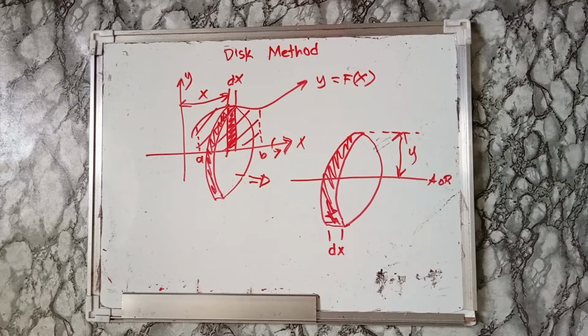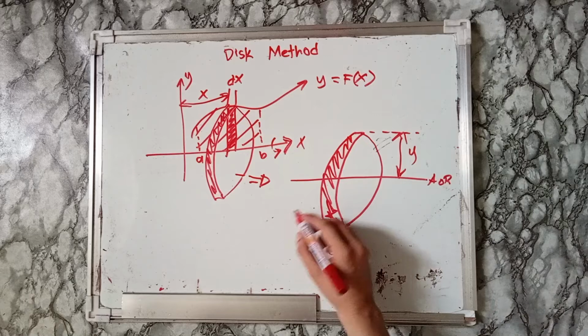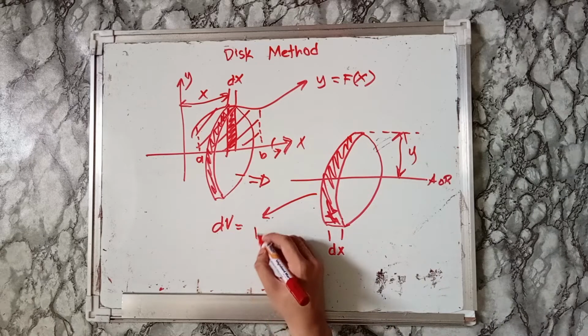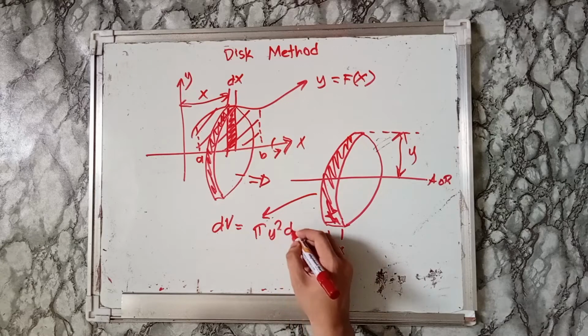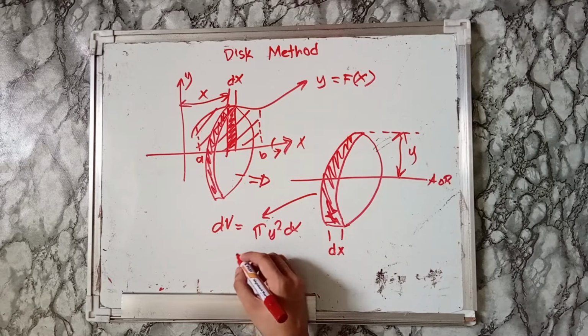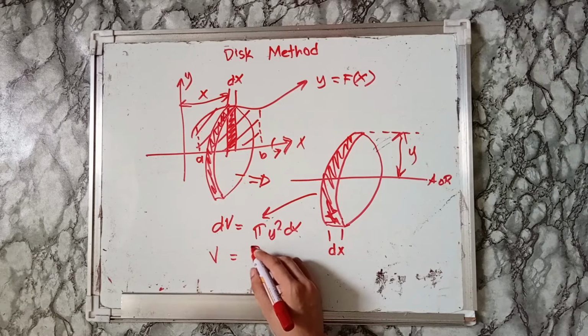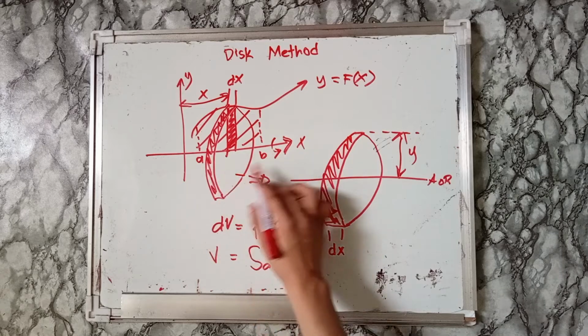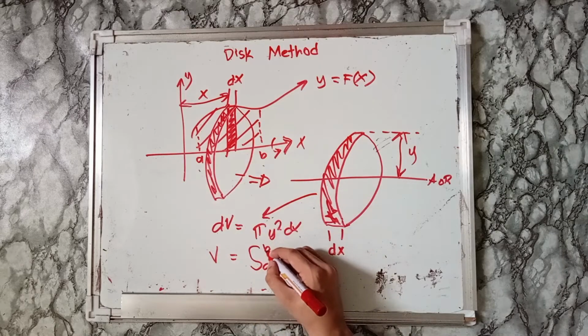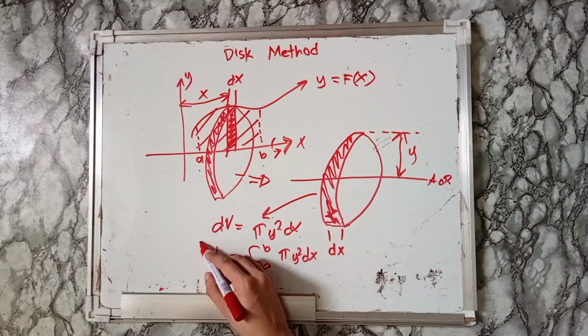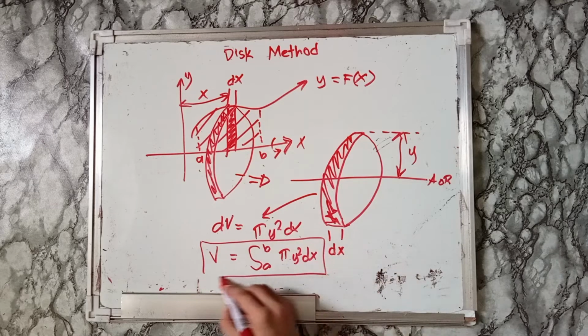Now, we need to find the differential volume. This is just pi y squared dx. So if we integrate both sides, the volume is equal to the integral with limits from a to b of pi y squared dx. So this is the concept behind this method.